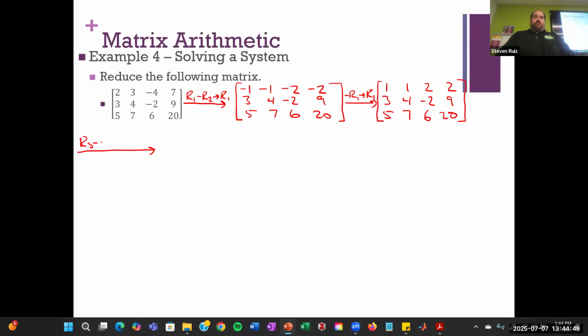Row 3 minus 3, row 3? So row 3 minus 3 row 5. Oh, sorry. Okay. Row 2 minus 3 row 1, that goes to row 2. Let's do a corresponding move to row 3.